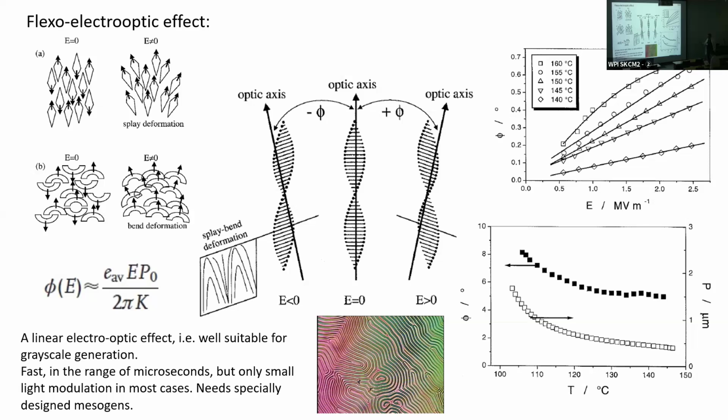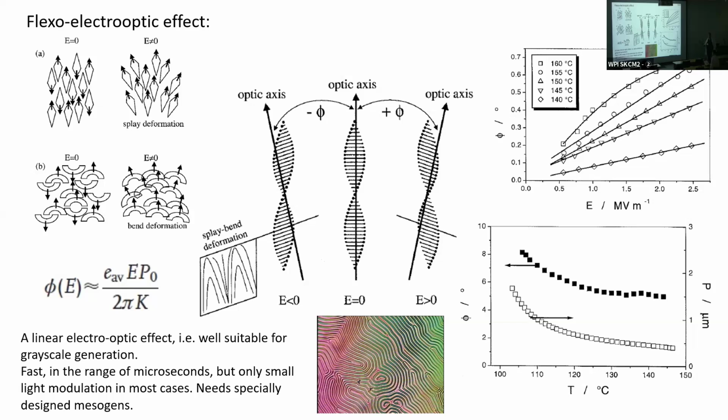Then if these lines, which correspond to the helical structure, become so close together that you can't resolve them, and you have them all pointing in one direction, then that thing will look like a birefringent plate.